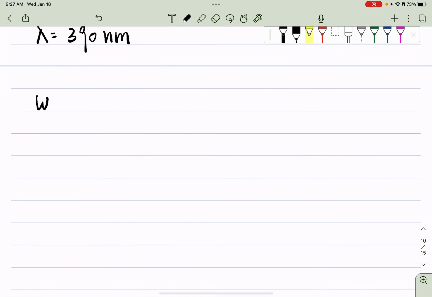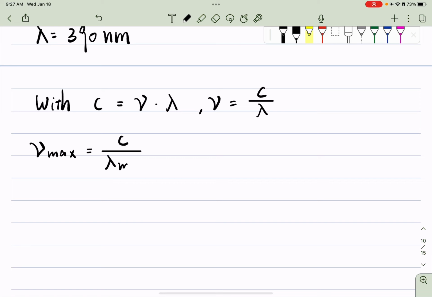So we know that speed of light equals frequency times wavelength lambda, or frequency equals c over lambda. So maximum frequency equals c over minimum wavelength.